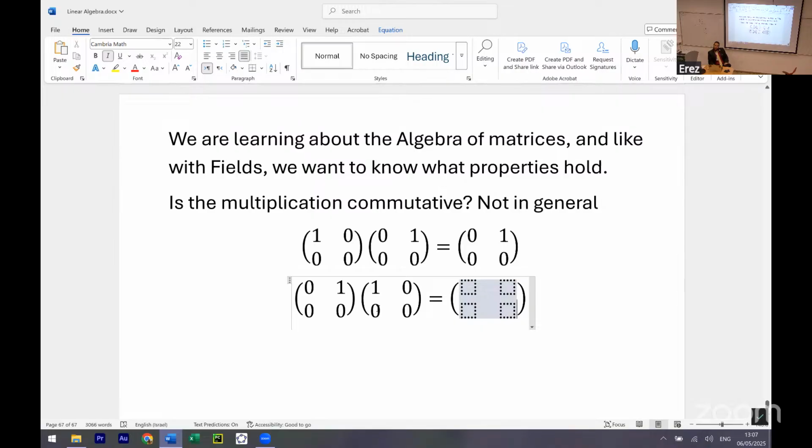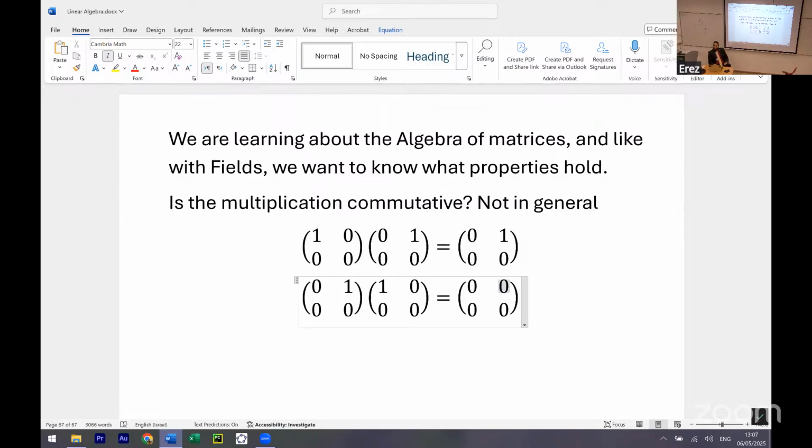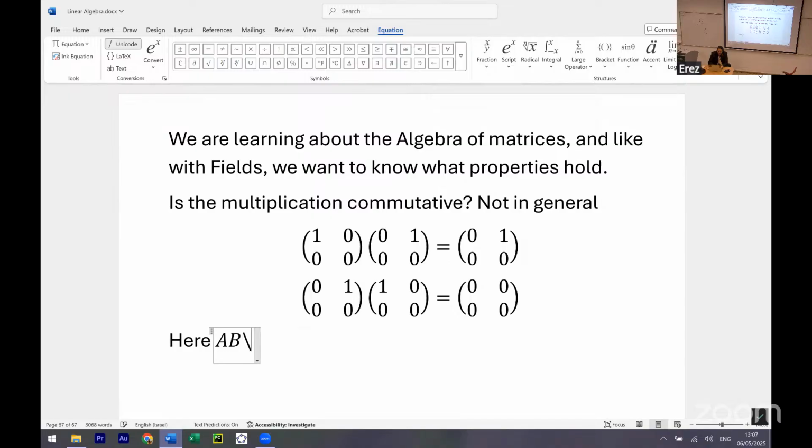What is the result of that? 0, because 0 times 1 plus 1 times 0 is 0. And the second row is also 0, same as before. The only interesting element is the first row times the second column, which is again 0. So you see that A times B is different than B times A.